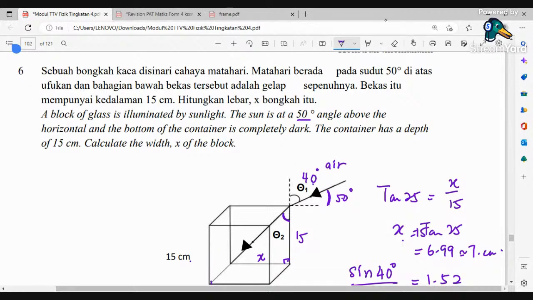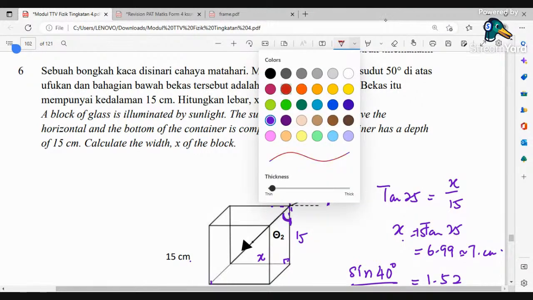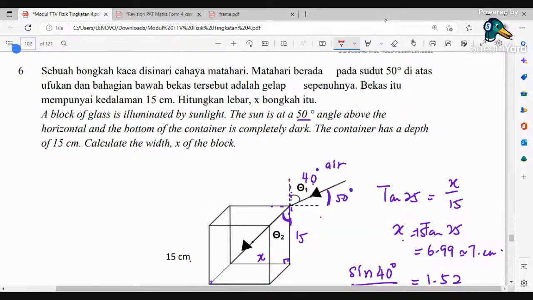You want to find refractive index of glass block dulu. Okay. Refracted angle. Sebab ini adalah dia ambil normal line yang ni ya. So kita ambil normal line yang ni, saya buat warna merah takut you tak nampak. Okay, ini normal line.